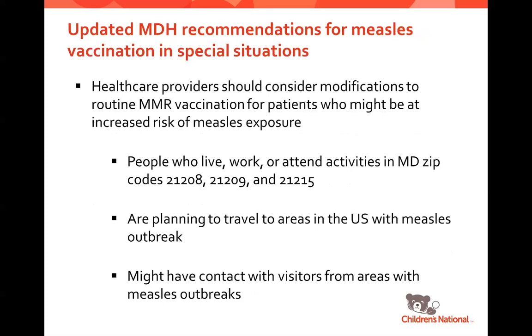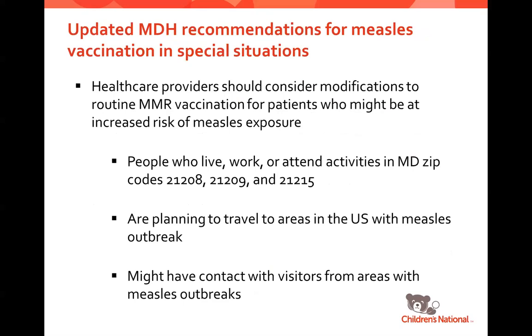Right now, the DC Department of Health and the Virginia Department of Health do not have any recommendations for giving additional doses of measles vaccination, but the Maryland Department of Health did post updated recommendations on their website because of the 4 cases of measles that had been reported in Maryland recently.